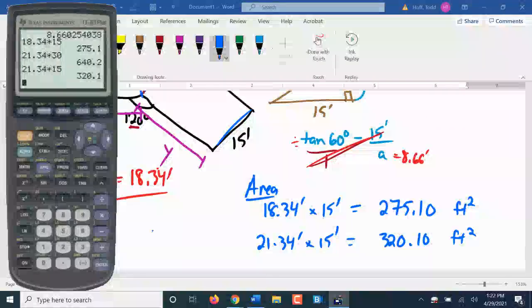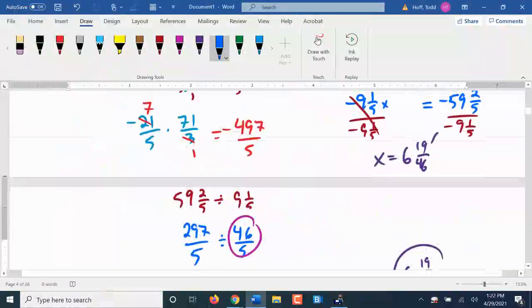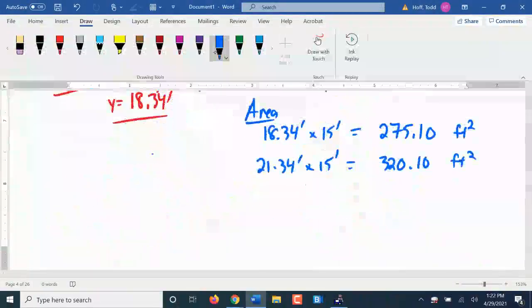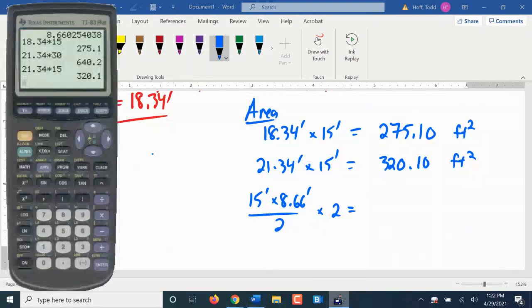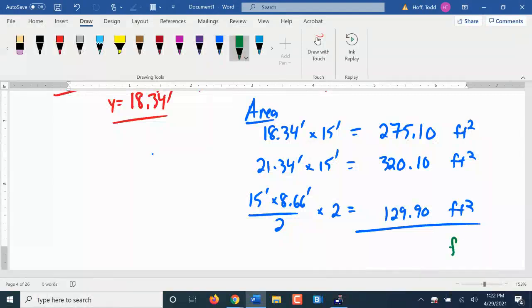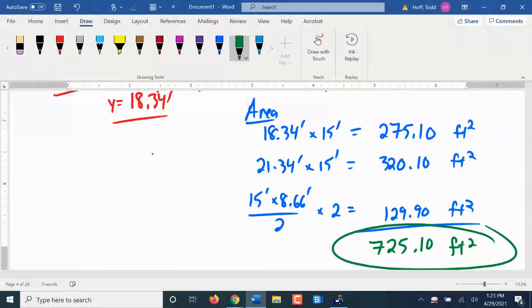And then we have the two triangles here that are both 15 by 8.66. So 15 times 8.66 divided by 2 because they're triangles, times 2 because there's 2 of them, gives us 129.9. We add those all up. It's 725.1 square feet of total area.